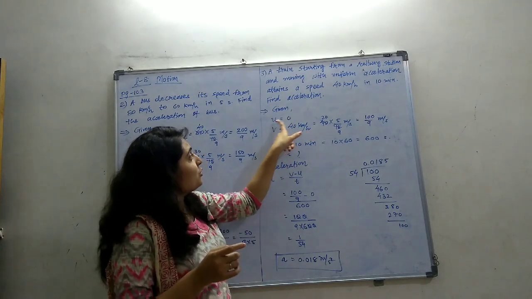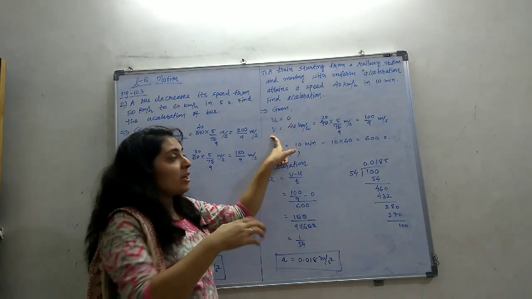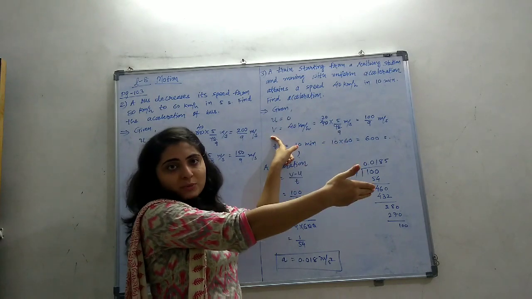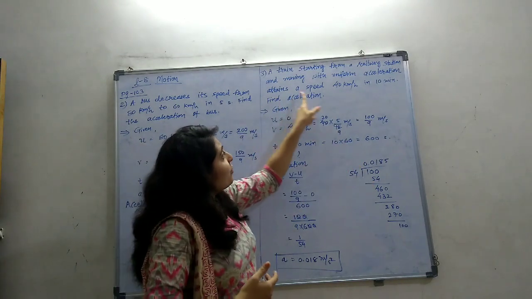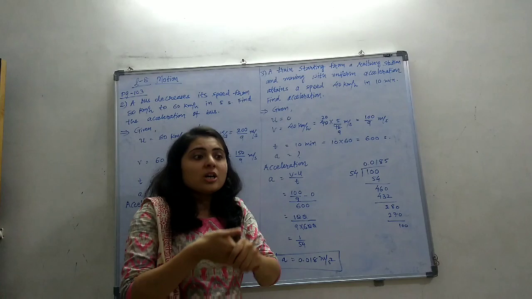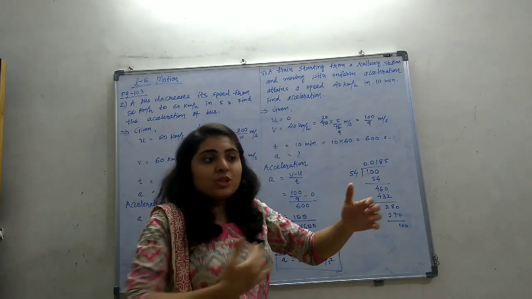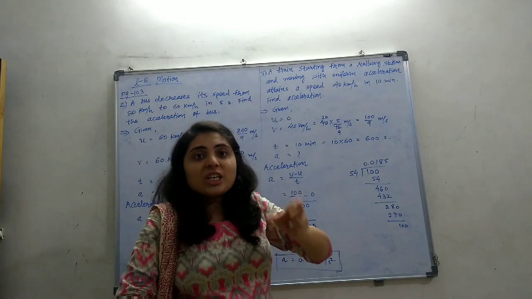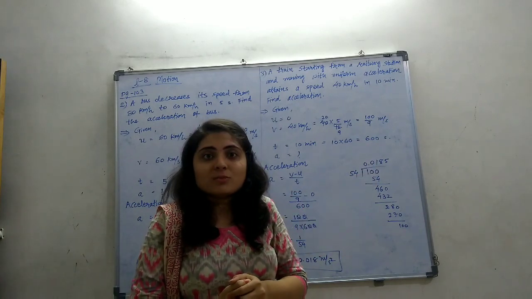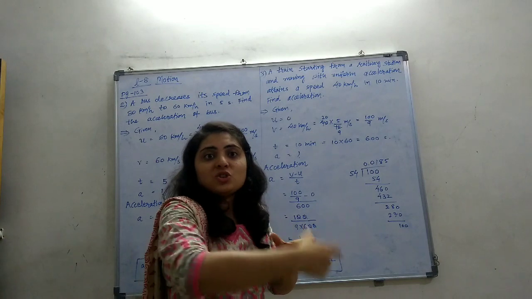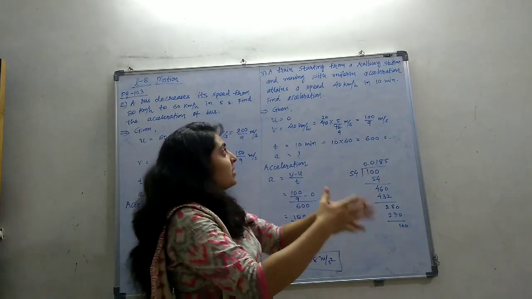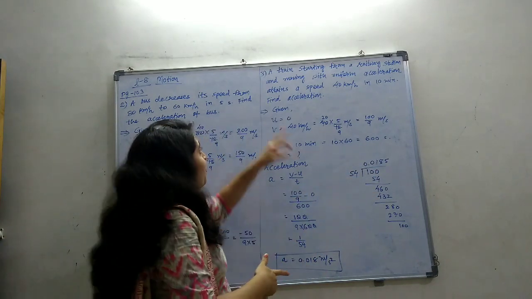So we can put the data, u is equal to 0. Final velocity, it attains the velocity 40 km per hour, and it is moving with a uniform acceleration. Acceleration means change in velocity, right? And uniform acceleration means the change is constant. Every time the change is constant. That represents the uniform acceleration.